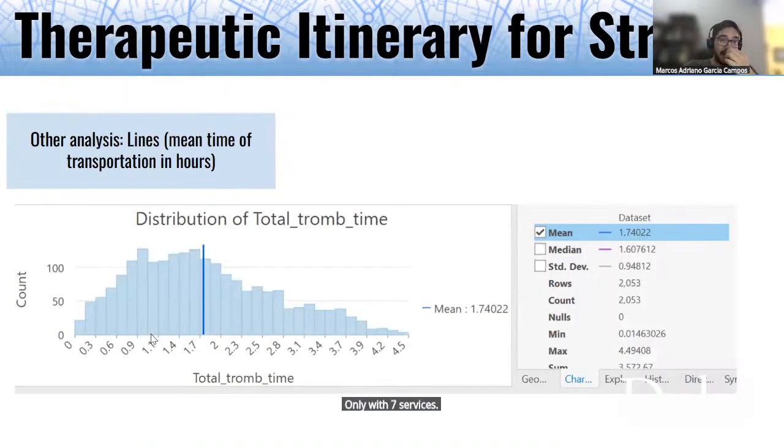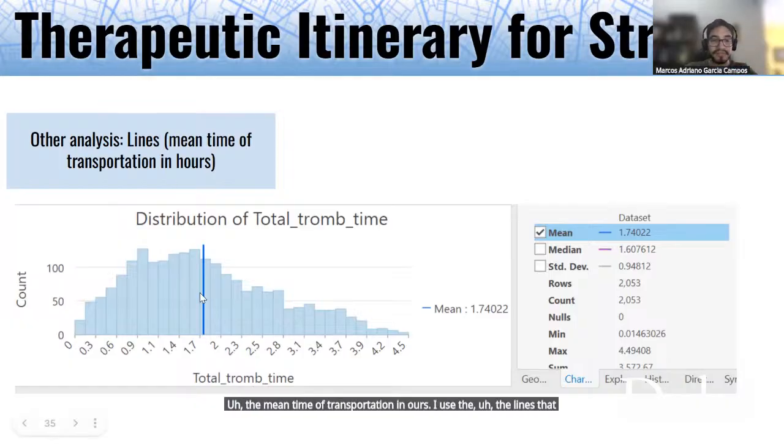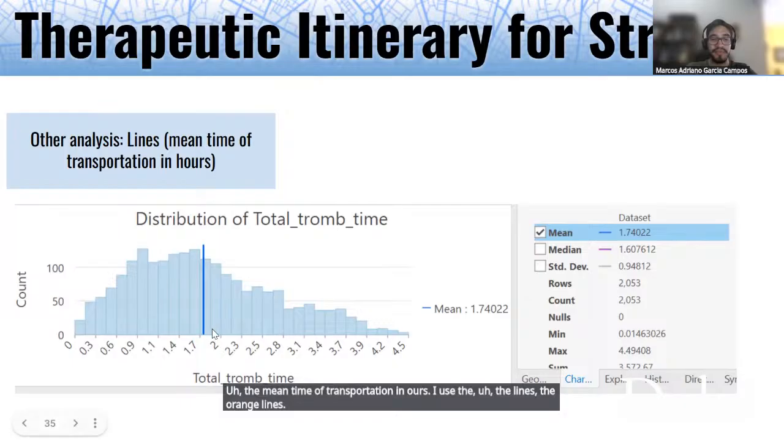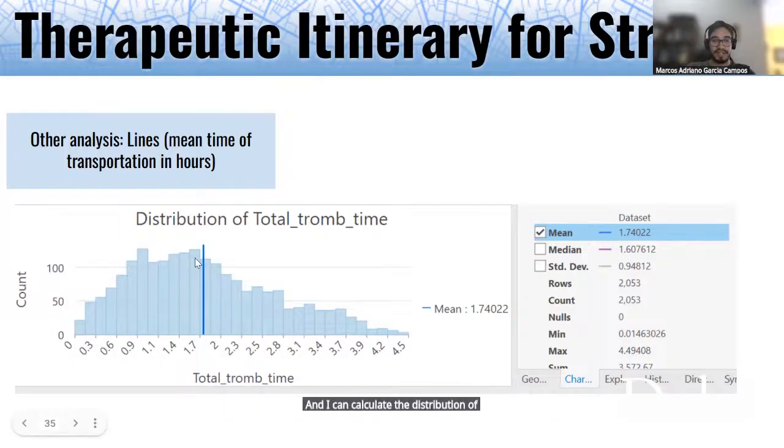And I can also study the mean transportation time in hours. I use the orange lines, and I can calculate the distribution of time to this location. Here, for each demand point, the mean transportation time to the facility is 1.7 hours.